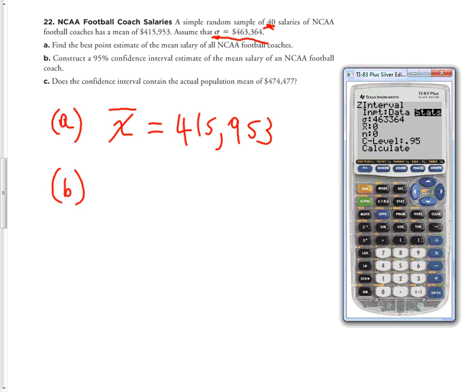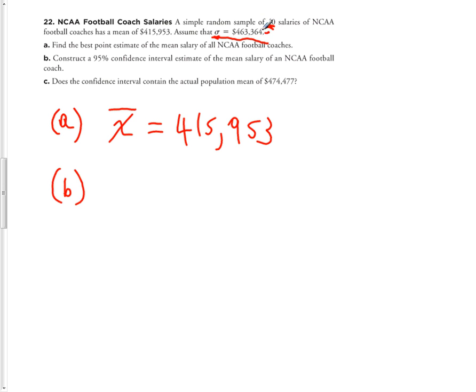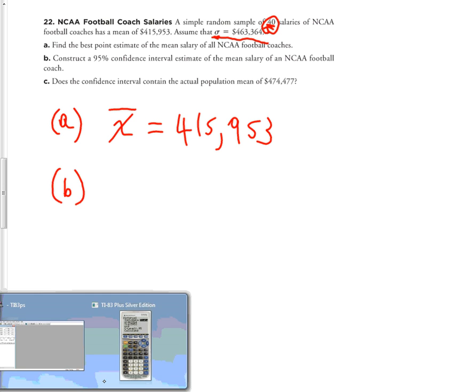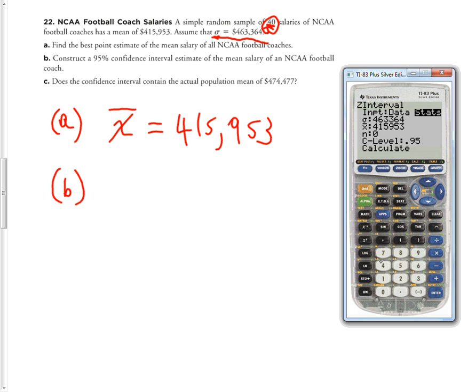My x bar is 415,953. And my value of n is the number of data values in my sample, and that's 40. So I have 40 football coach salaries, so n is equal to 40. The confidence level is 95%, which is already set. Then we go to calculate, and it gives us our interval estimate.